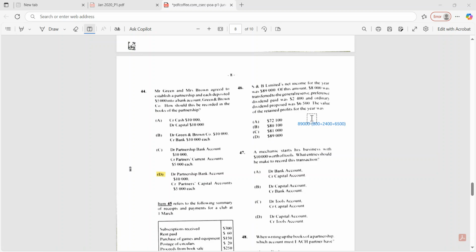All right, one of those figures, we have 800, but it should be 8,000. So we have 72,100. That would be our answer for 46.